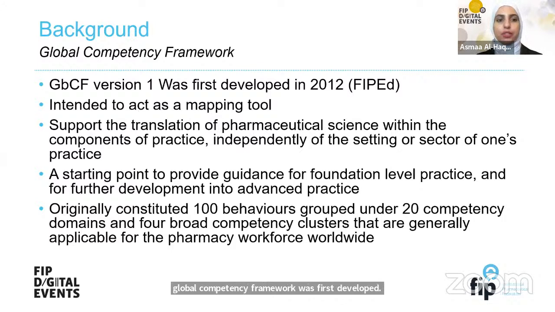The GbCF version 1 was first developed and introduced in 2012 by FIP. It was intended to act as a mapping tool for pharmacists in every sector. The main goal for this tool is to support the translation of pharmaceutical sciences within all components of practice.